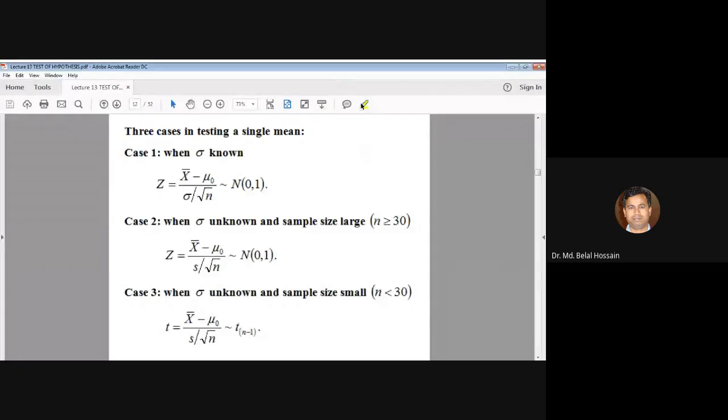Forget not, we are testing the null hypothesis that mu equals, for example, 3.2. Suppose we want to test whether the average CGPA of your class equals 3.2. The alternative hypothesis is that mu is not equal to 3.2.